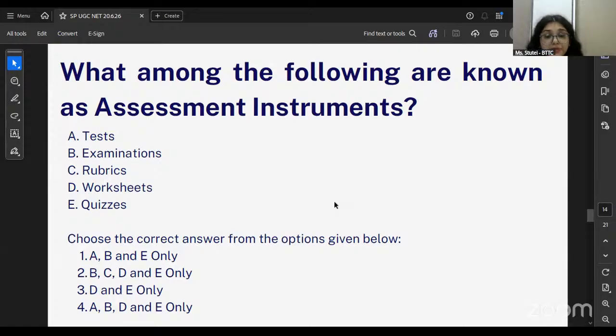Of course it helps you assess your student, but the other instruments are proper instruments. So I was like, is there any option that does not involve C, rubrics? And the others make sense. So I ended up excluding rubrics from my answer.